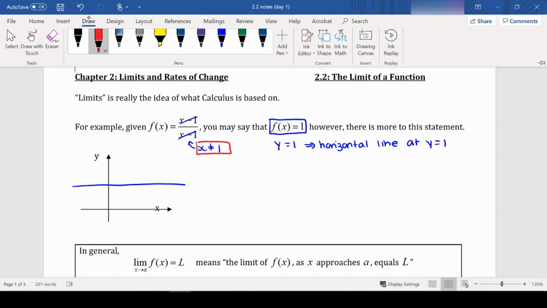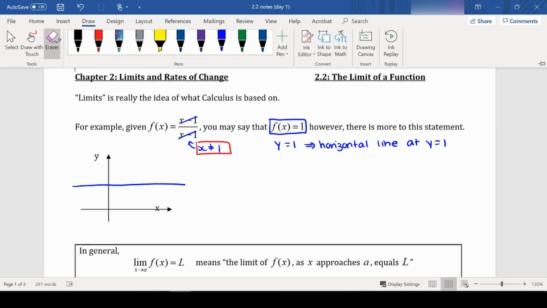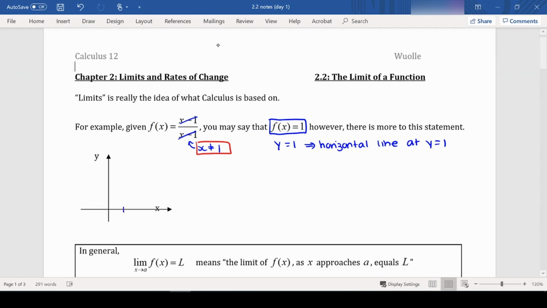So what we have here, from Math 12, if you covered Chapter 9 and holes and asymptotes and such, we know if there was a common factor that's simplified in a rational, that factor results in a hole. So instead of having just a line at y equals 1, we have a line at y equals 1 with a hole at x equals 1. Okay, we know this to be true.